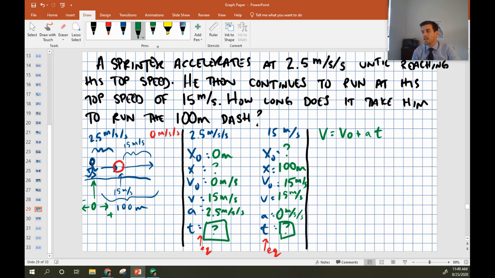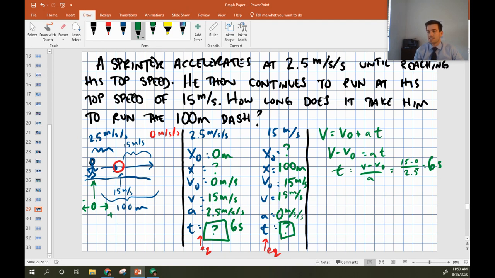I know that I'm trying to find t, so I could just do v minus v naught equals at, and then say that t, dividing both sides by a, is equal to v minus v naught all over a, which gives me a grand total of, let's see, 15 minus 0 all over 2.5. That's equal to, I want to say 6. Yeah, it's 6. Okay, so it's going to take him 6 seconds. So actually, I know that piece now.